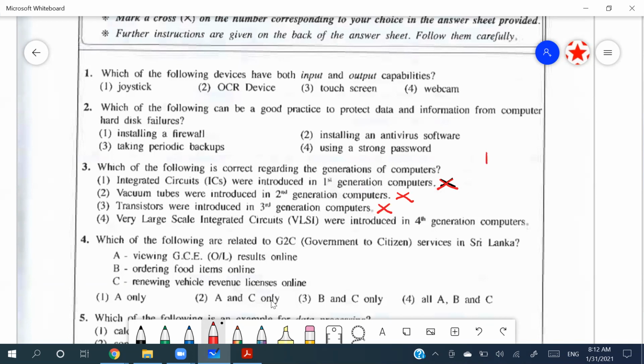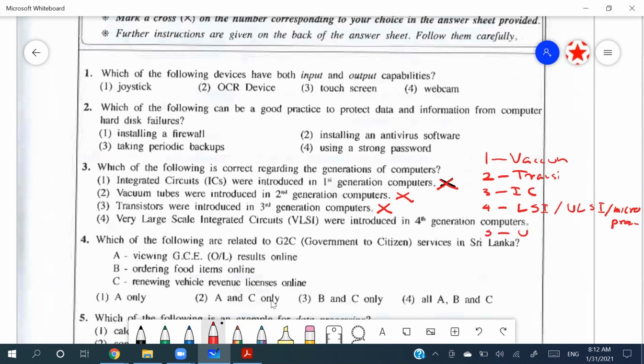So first it is vacuum tubes. Second it is transistors. Third it is ICs. Fourth it is VLSI and LSI, as well as microprocessor.